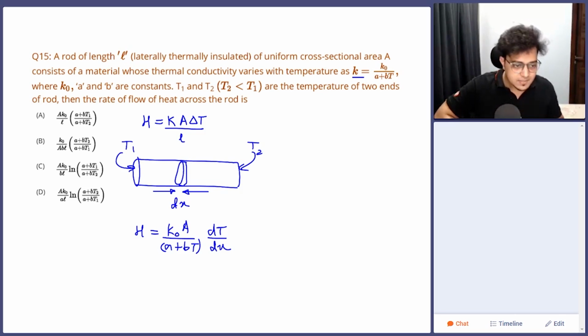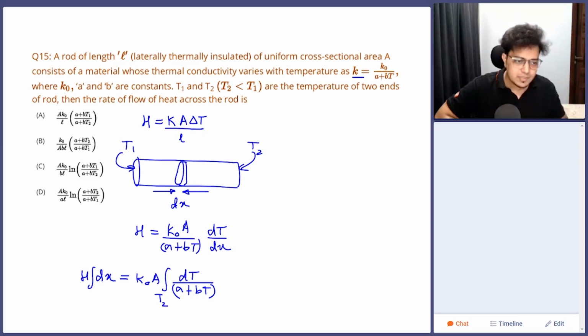Now rearrange this: H as it is, integration of dx equals K naught A integration of dT upon A plus BT, and the temperature changes from T1 to T2.